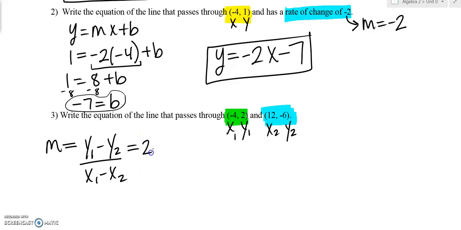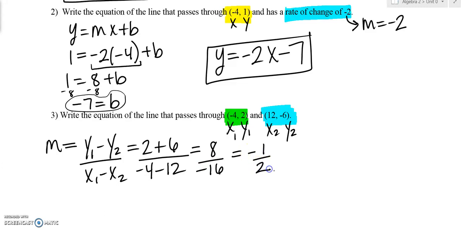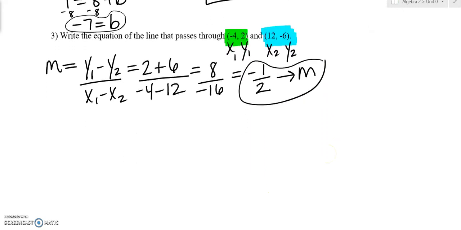So I'm going to have 2 plus 6 over negative 4 minus 12. Add the top, I have 8. On the bottom, I have negative 16. I reduce that fraction, I have negative 1/2. This is my slope. So I'm going to circle that because that's important to us. M is very important to us.